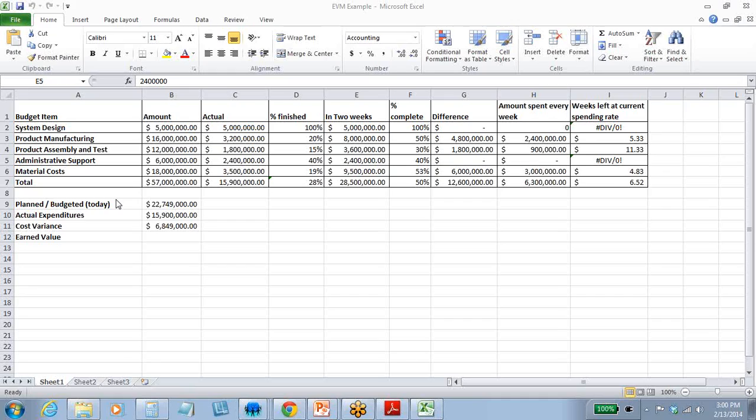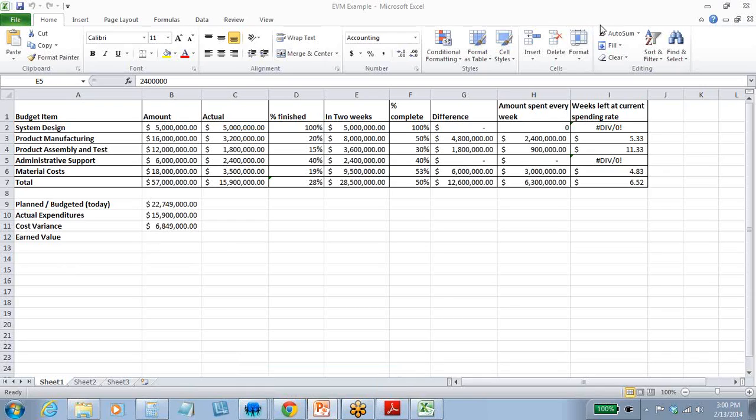Okay, so now that we got that clarified, what do you want to do with the earned value on this particular case study? Okay. So the earned value, if you go back to the demo that I just gave you, you want to find out how much time you have left to finish the project up.